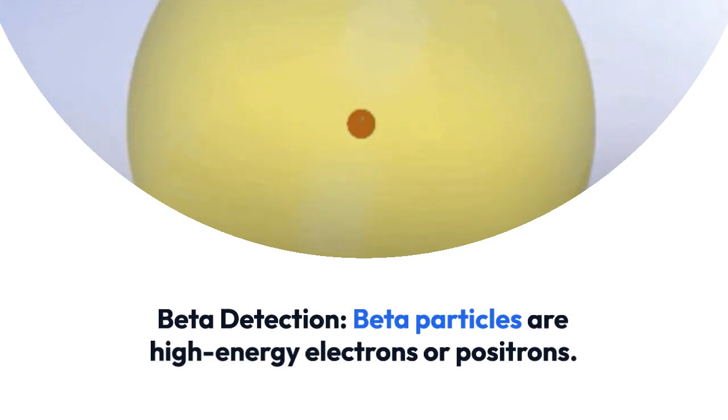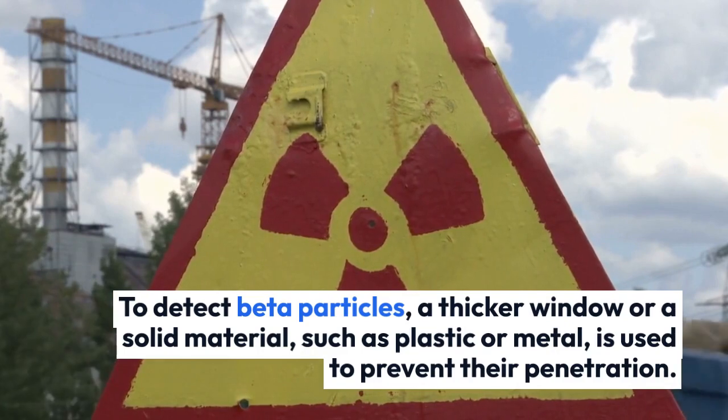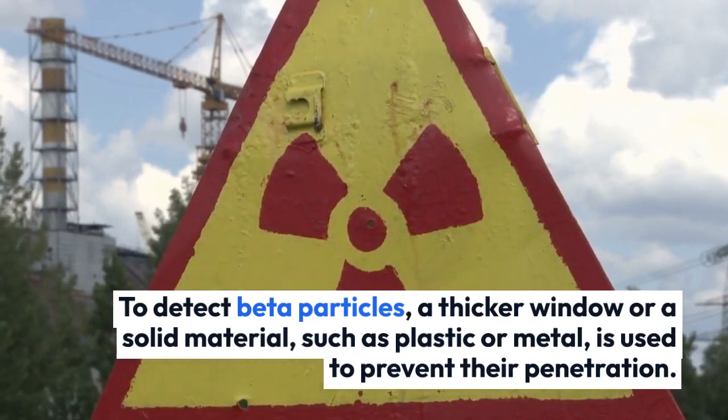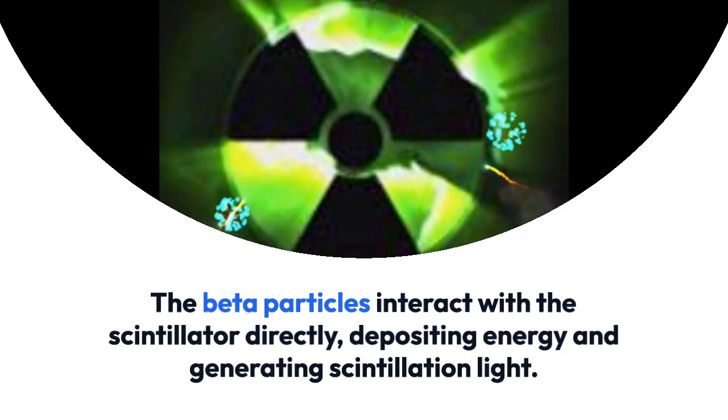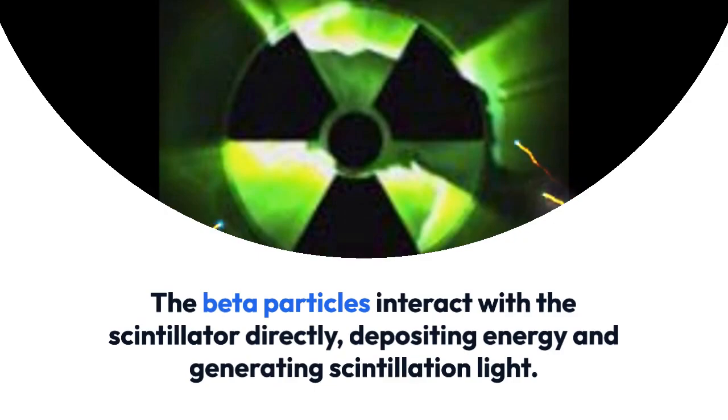Beta detection: beta particles are high energy electrons or positrons. To detect beta particles, a thicker window or a solid material such as plastic or metal is used to prevent their penetration. The beta particles interact with the scintillator directly, depositing energy and generating scintillation light.